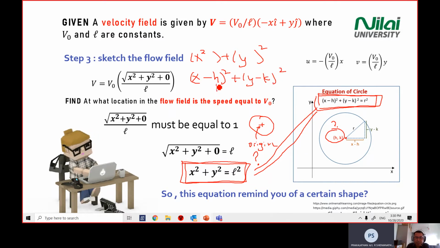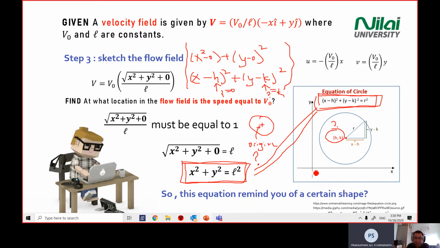So what is the value of h and k here? Compare these two. 0. So what is your origin now? Your h equals 0, k equals 0, so your circle is here, at the center.